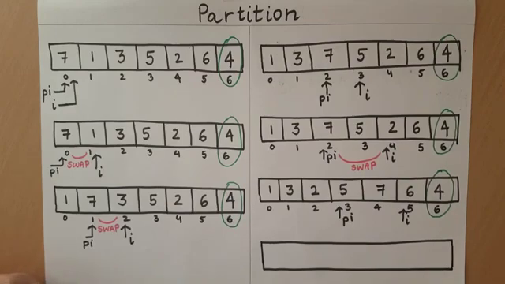Therefore, the array is now ready for Pi to be swapped with the pivot. So now I will swap the element at Pi with the pivot.